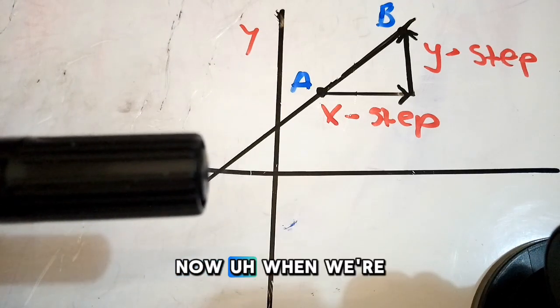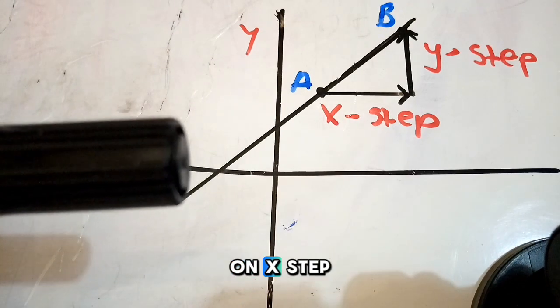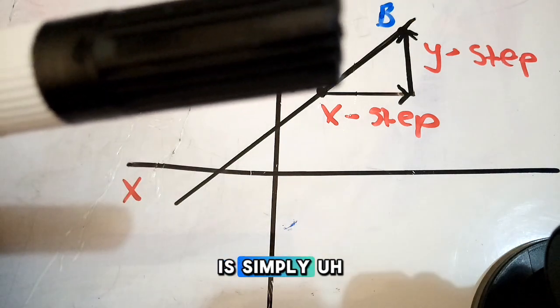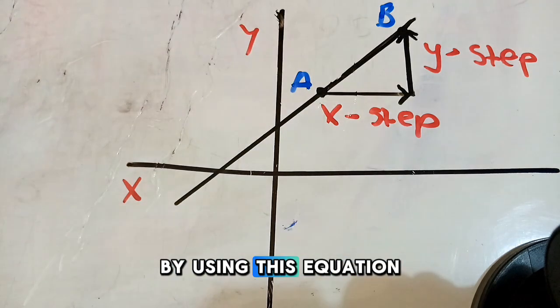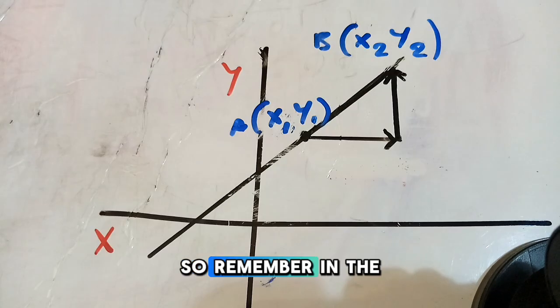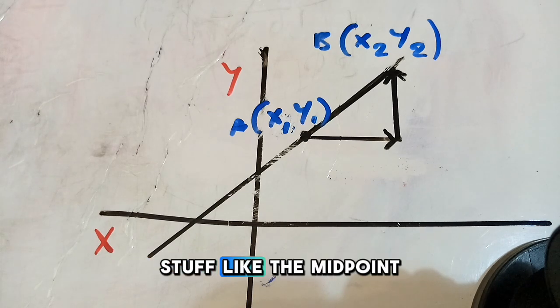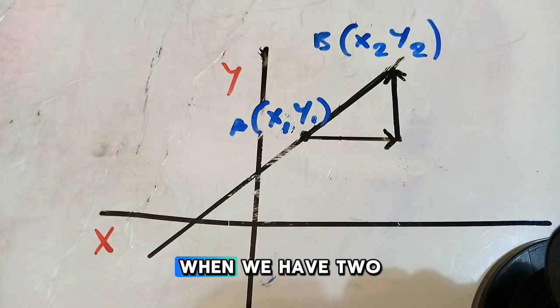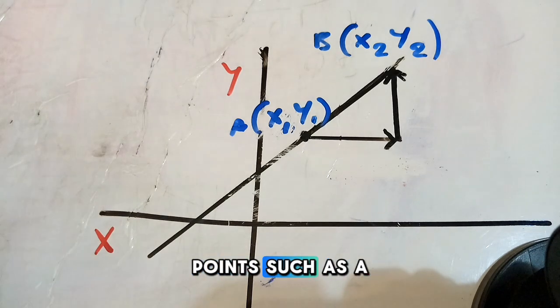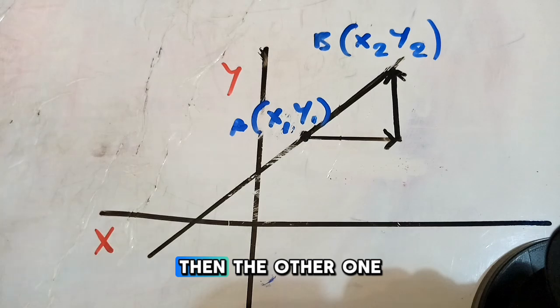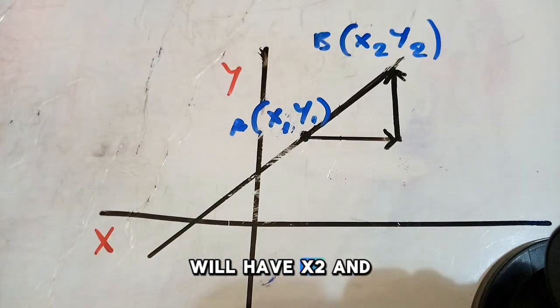Now, how do we find the y-step and the x-step? Remember in the previous videos when we were talking about the midpoint and distance, when we have 2 points such as A and B, one of the points will have x1 and y1, and the other one will have x2 and y2.